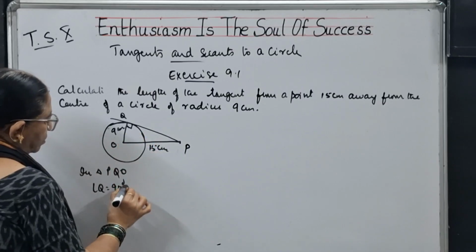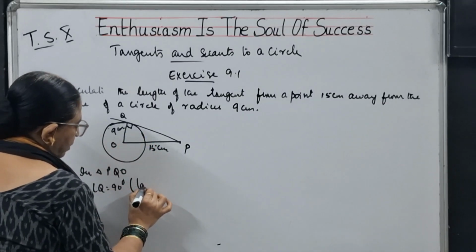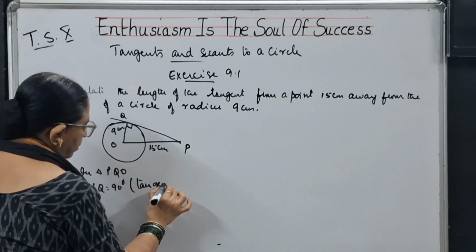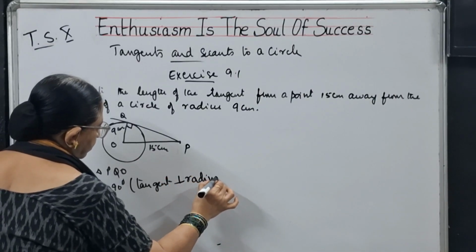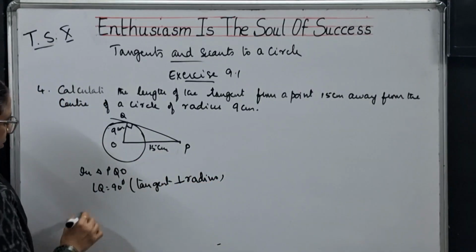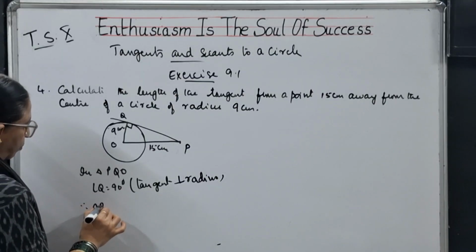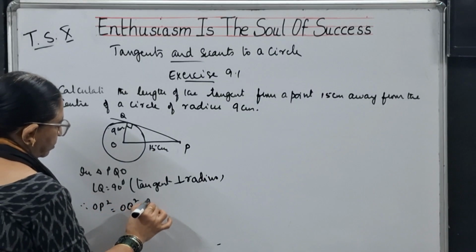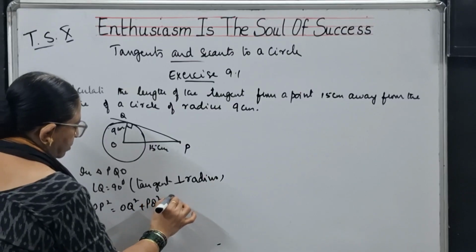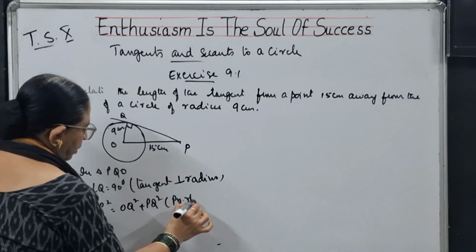Why? Tangent is perpendicular to the radius. Based on this property, we say 90 degrees. Therefore, OP square is equal to OQ square plus PQ square, based on the Pythagorean theorem.